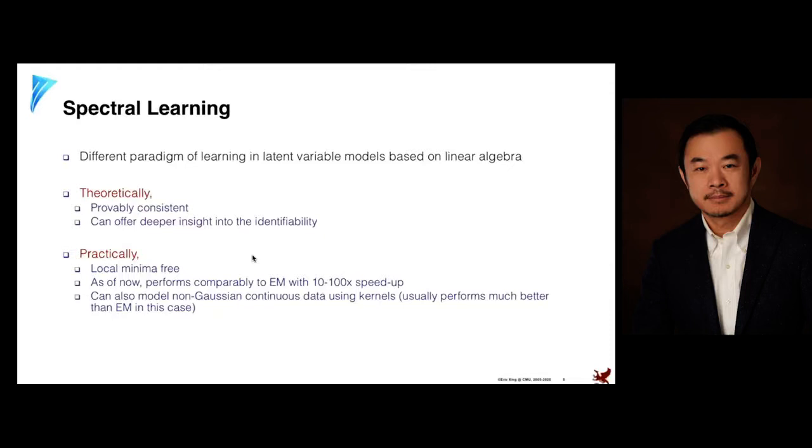And also it is very flexible. It does not really need you to assume Gaussianity, discrete random variables, and so forth. It can be applied to all types of data with some tricks and ideas borrowed from kernel learning.